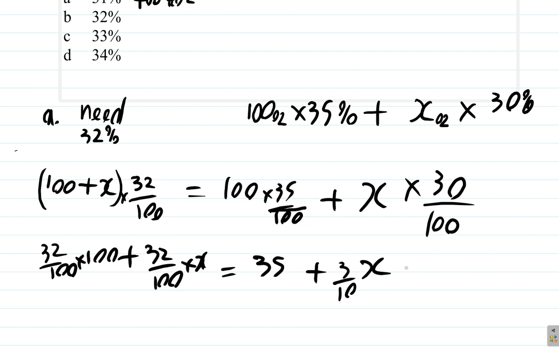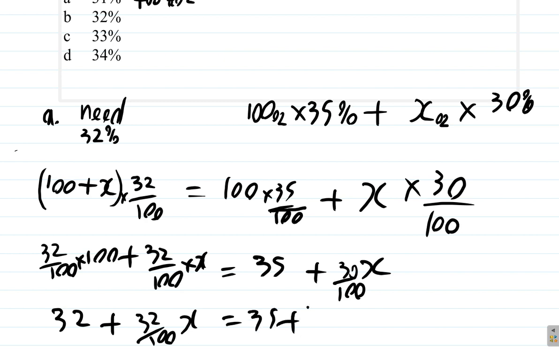We could keep it as 30%. Now, this is going to be 32 plus 32% of x equals 35 plus 30% of x.